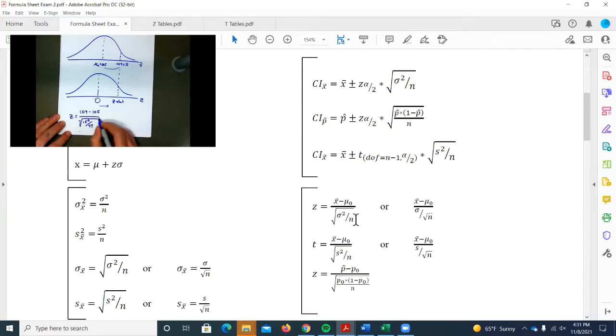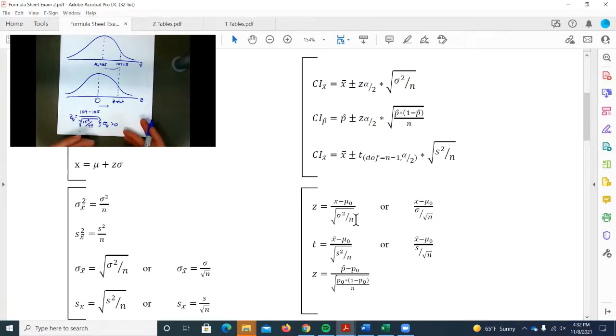Now, if we remember that in my test statistic calculations, my denominator always represents a standard deviation. In this case, I'm calculating a z-value for a sample mean, so it represents a standard deviation of my sample means. So what's going to be true about variances and standard deviations? They're always going to be positive, right?